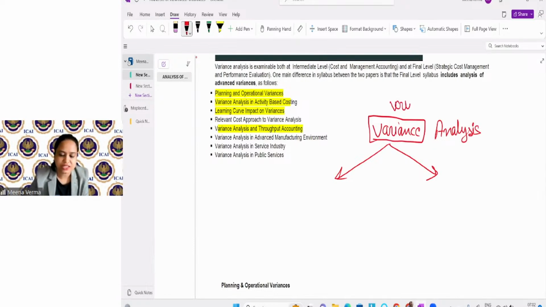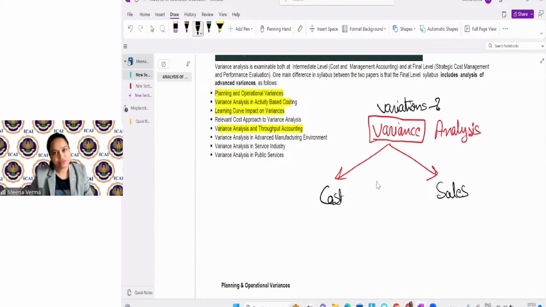Where are we studying these variations? This is the question. The point is that we have the cost and we have the sales.